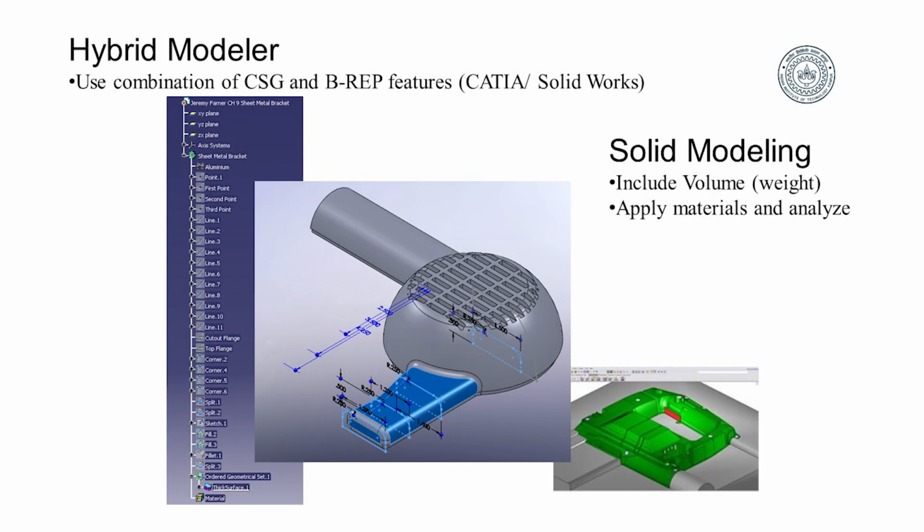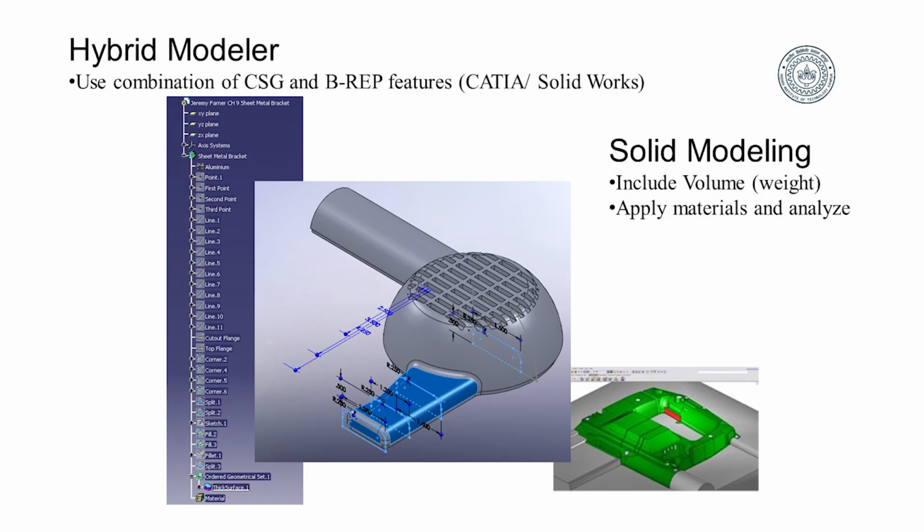Then there are hybrid modelers that combine CSG and BREP. This is a product made in CATIA, which uses both CSG and BREP. They use union, difference and intersection operations, and they also use the boundaries of the parts to create your final definition.